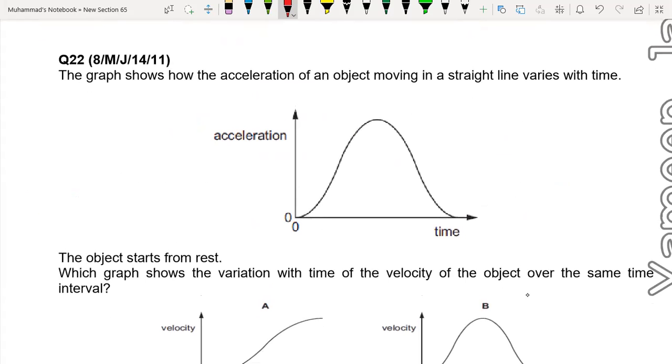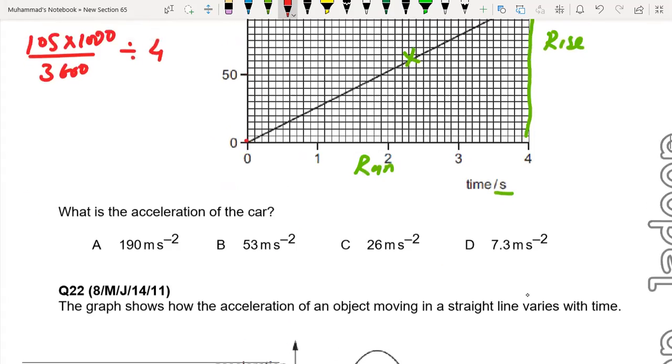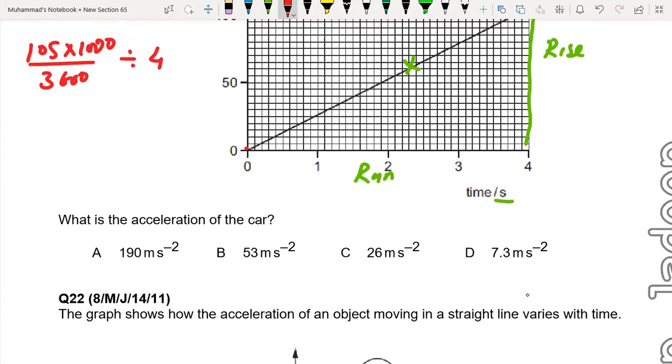So your answer in this part 21 should be, I don't have any calculator, so number 21, the answer should be D. That is the correct answer.